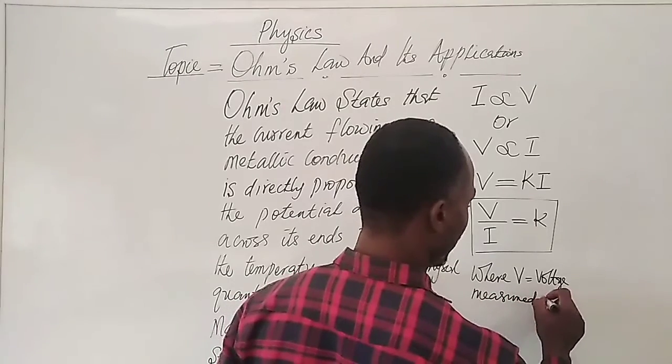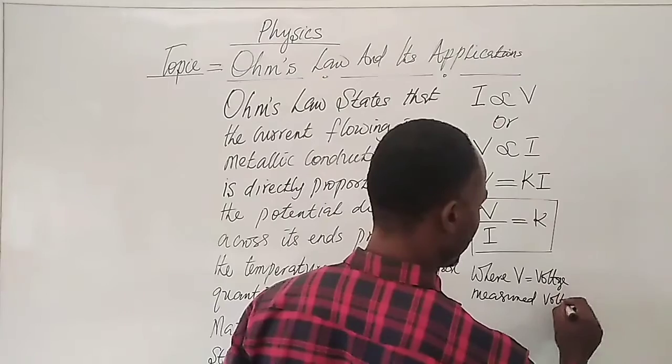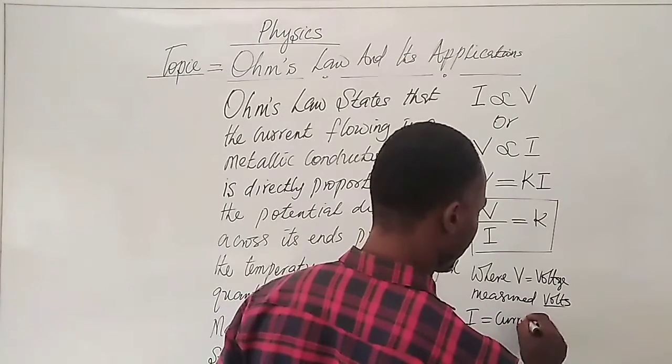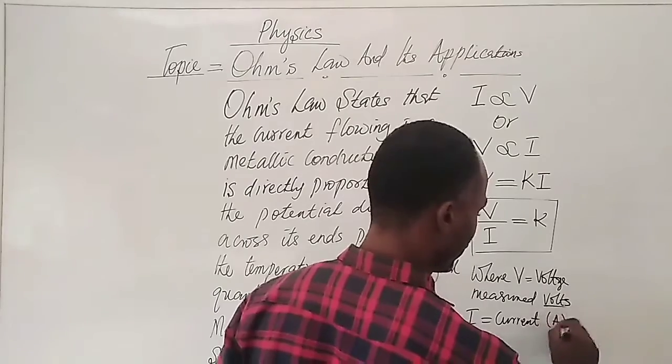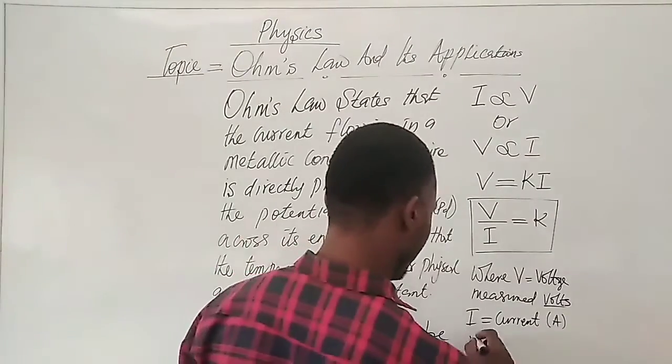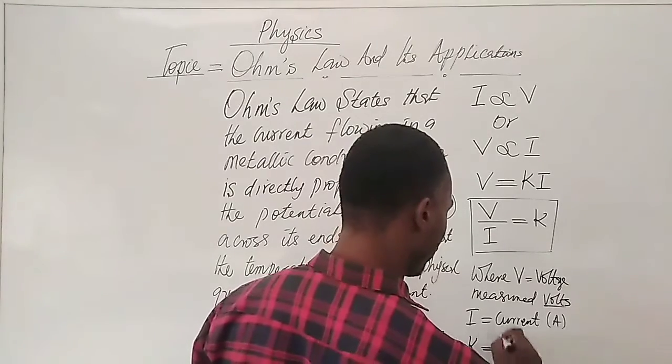I is current, measured in amperes. Then the letter K is the proportionality constant.